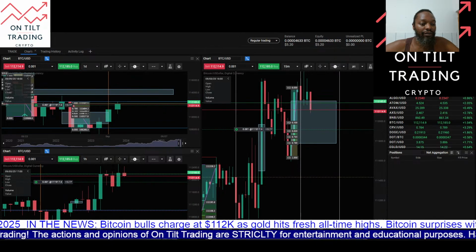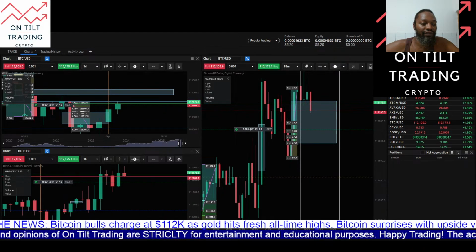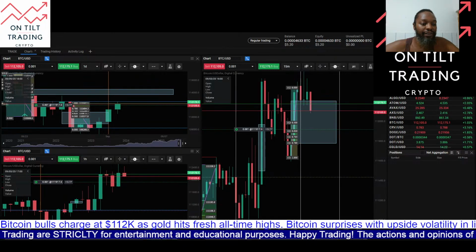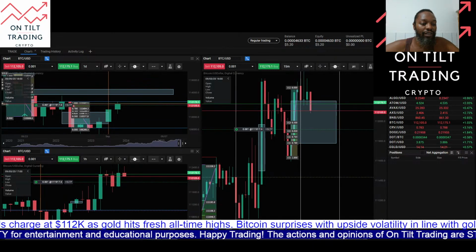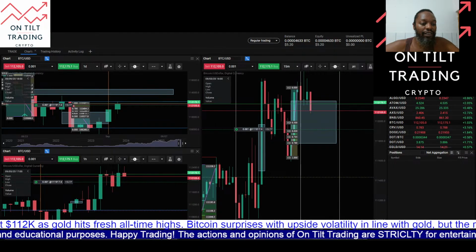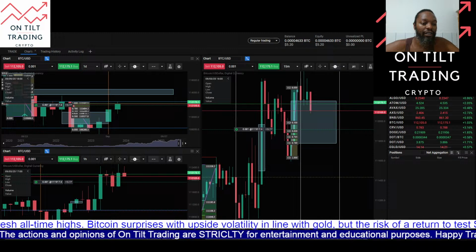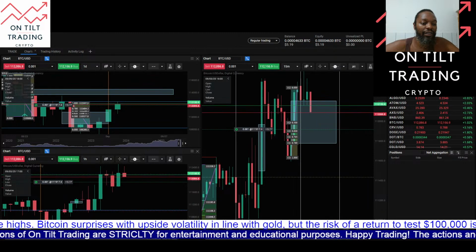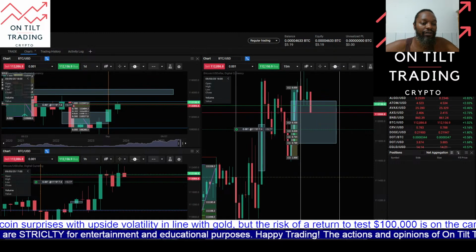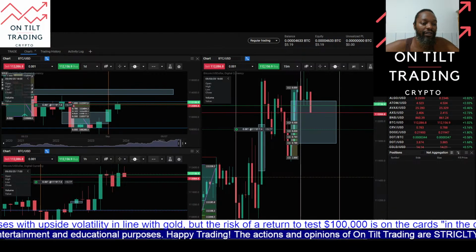And price could certainly, I don't know if today, but maybe tomorrow, buy side continues, reach into this buy side liquidity resting above this short-term high here on the daily chart. This is a short-term high right here.